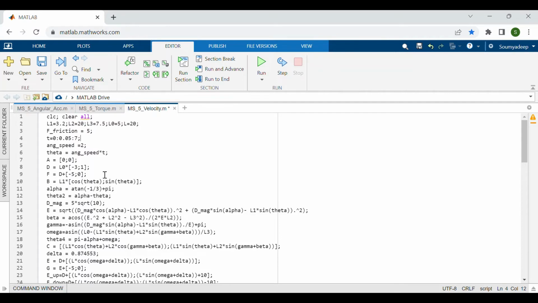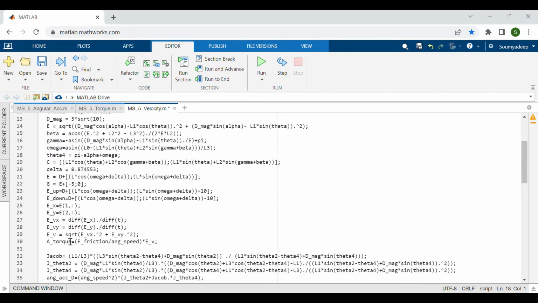The points A and D are fixed, and as explained in the displacement analysis, we can find all the points. We are using theta 2 to explain theta 4. From this, we can find coordinates of all the points and lengths of all the links.